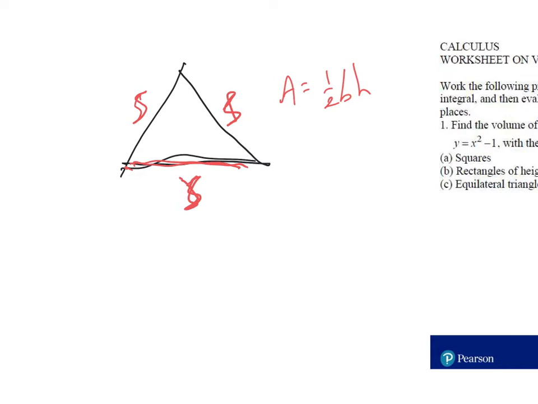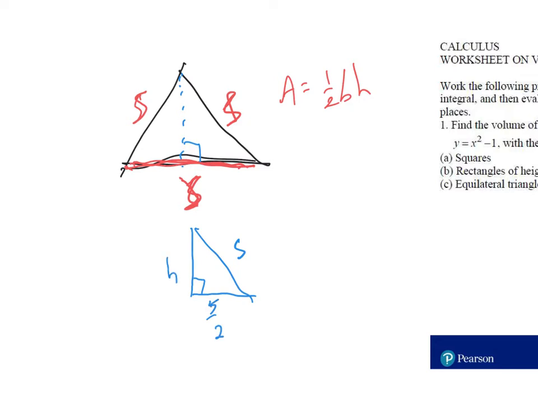And my battery may not make it, but hopefully it will. Here's my base. It's the bottom. It's called S. And then here's this height. Well, how am I going to find the height of this triangle? What I want you to do is picture only half that triangle. That means this is S, this is half of S, and this is my height.